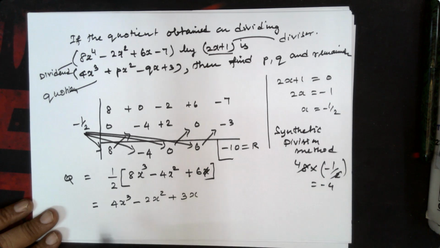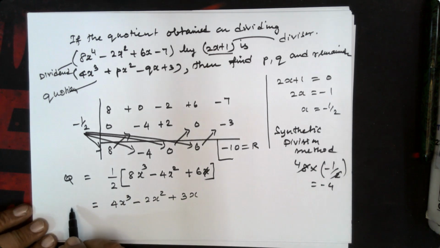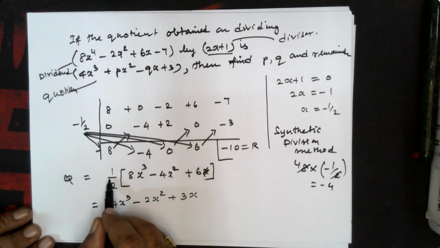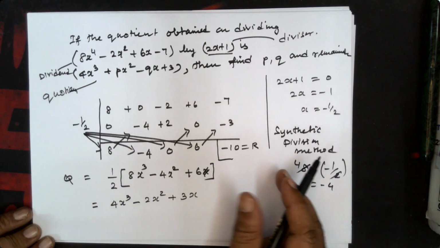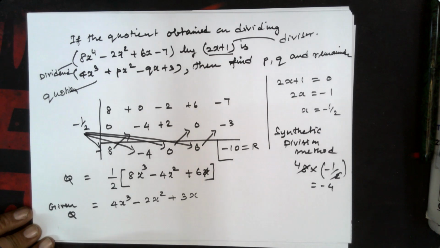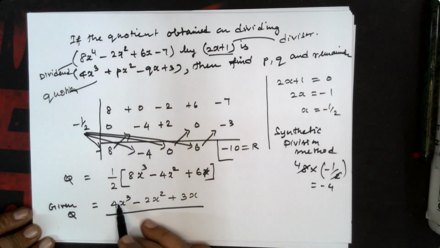So from this it's clear that you can compare the given coefficients with the coefficients obtained, which are multiplied by 1 by 2. So 4x cube, 4x cube, px squared, minus 2x squared.